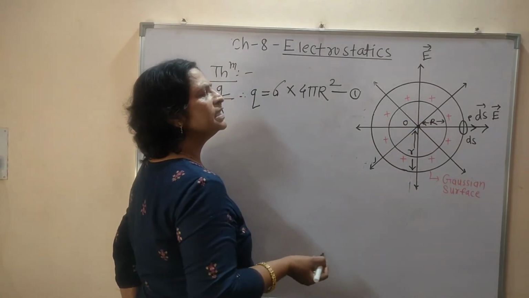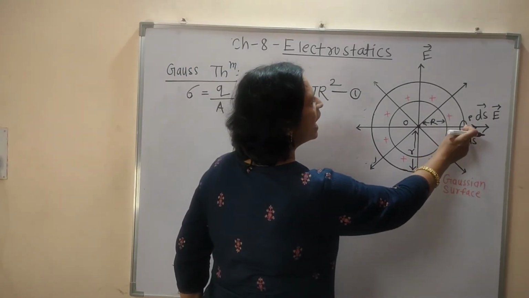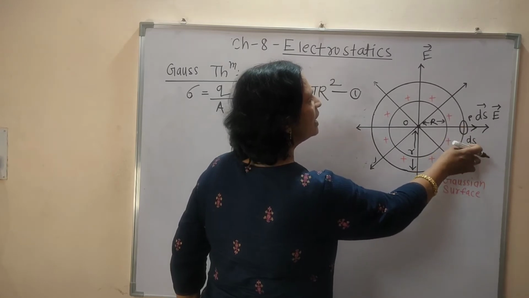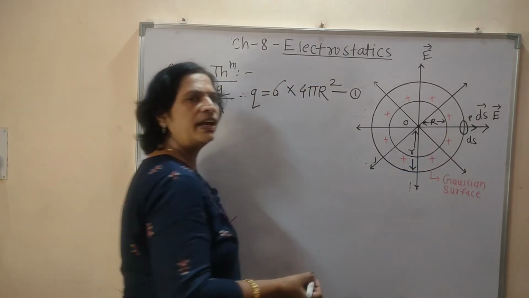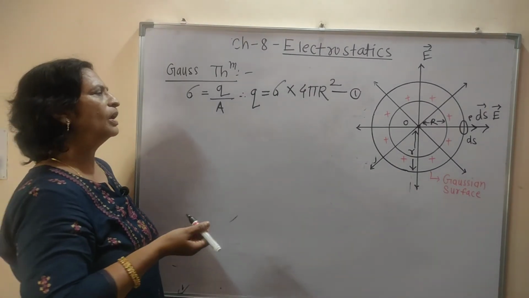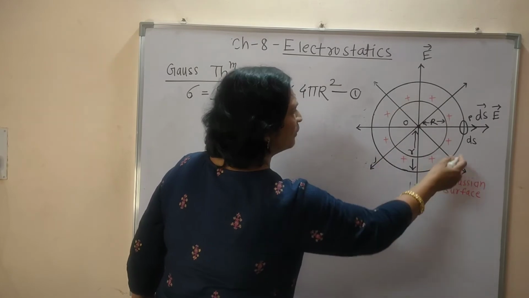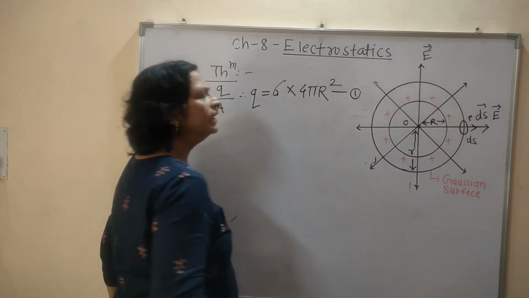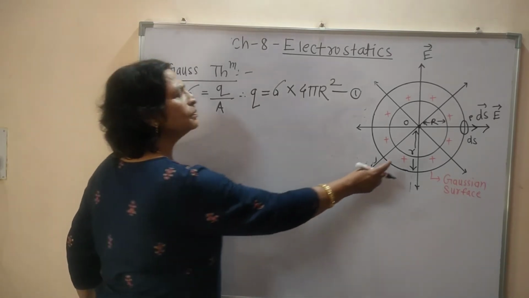For that purpose, consider that we have to find the electric field intensity at point P, where ds is the area vector, perpendicular to that sphere. Then draw a Gaussian surface, this imaginary sphere, having radius small r.